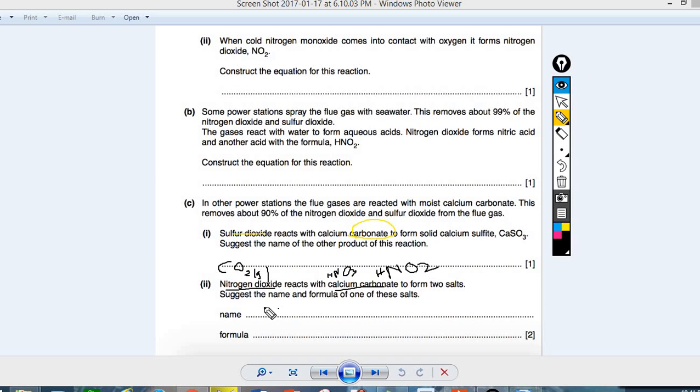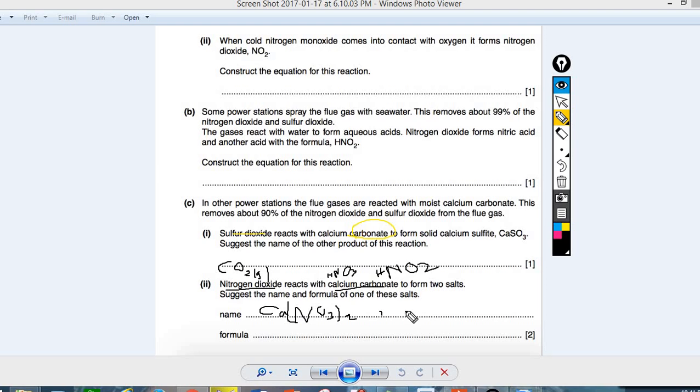So you just go ahead and write calcium nitrate. Nitrate is NO3, and since calcium has the valency of 2, this is a 1:2 salt.